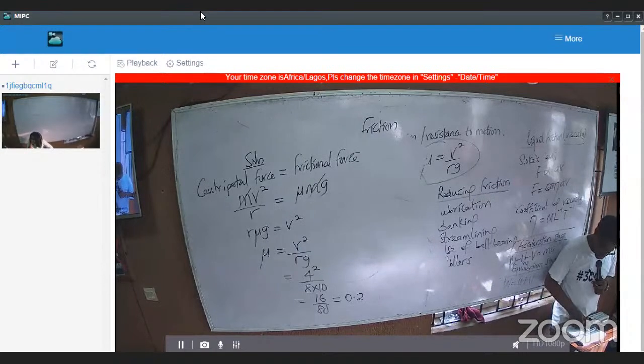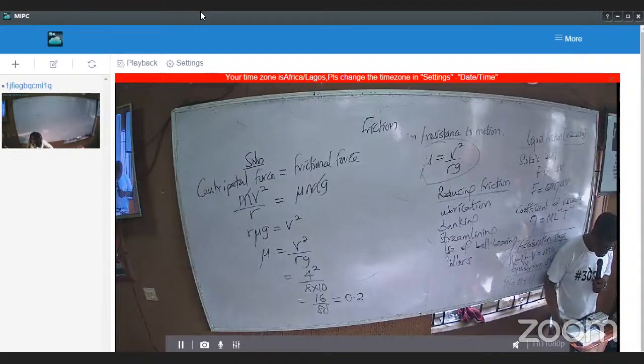A constant horizontal force is exerted on the box so that it moves through 8 meters.